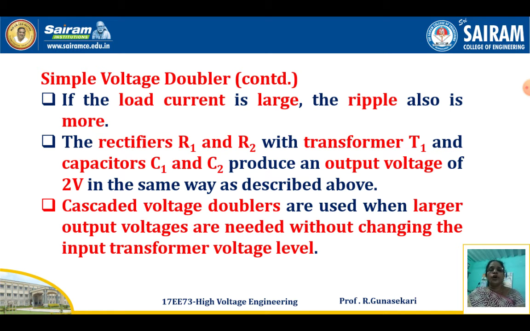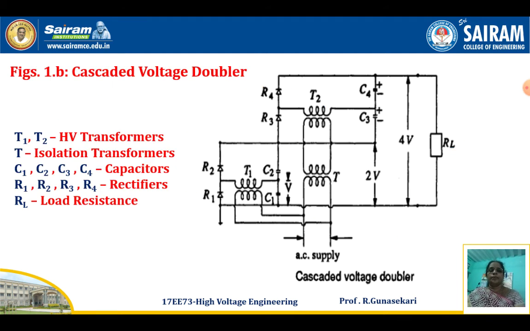Suppose we want more than this 2V output voltage, cascaded voltage doublers are used. That means whenever larger output voltages are needed without changing the input transformer voltage level, we use the cascaded voltage doubler circuit connection. Now we study the cascaded voltage doubler.